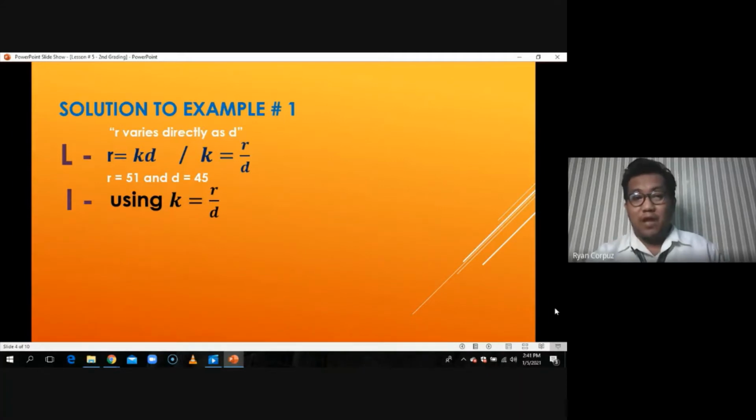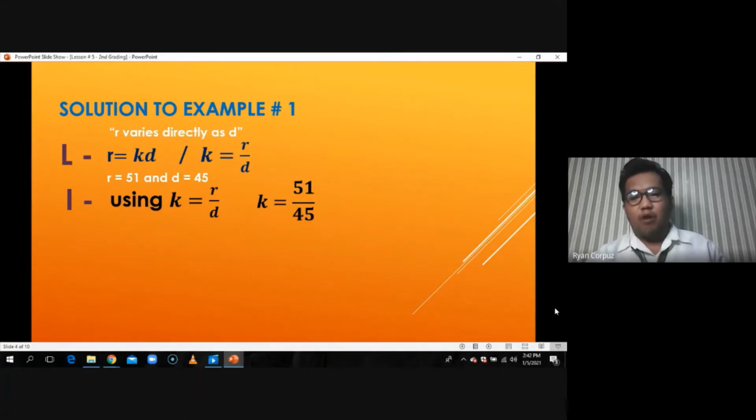That complete value we saw in the problem is to be used to find the value of K. R is 51 while D is 45. All we have to do is substitute it into the given equation. So we will come up with 51 over 45. 51 is not exactly divisible by 45. Even though it's like that, let's find out if we can still reduce it to lowest terms.